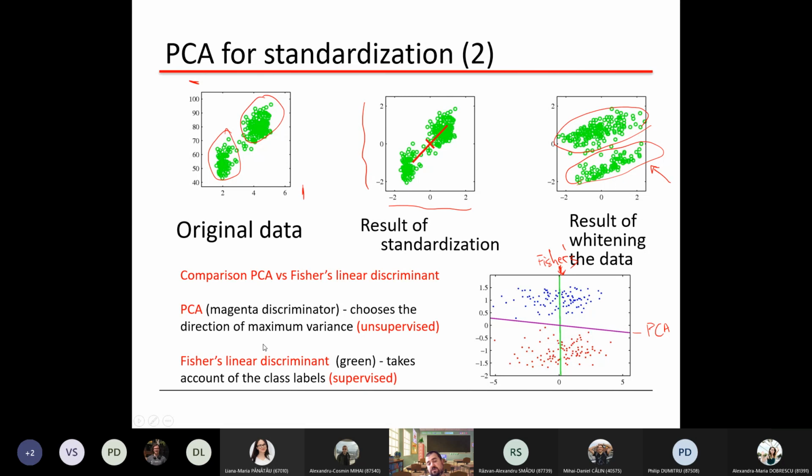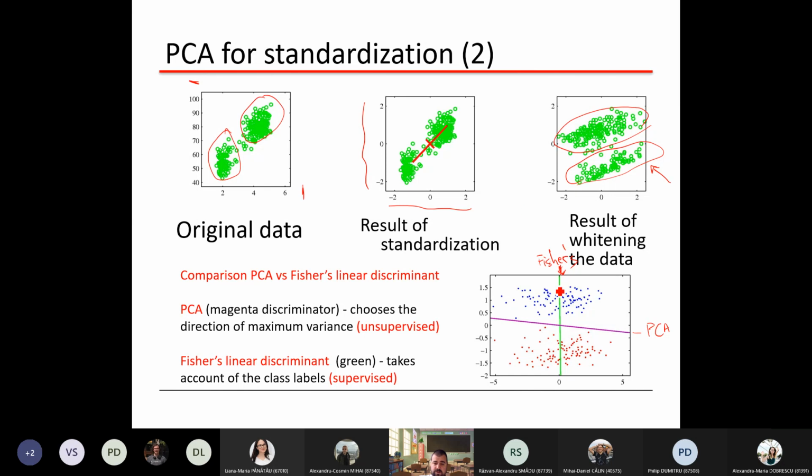So it chooses a direction that will spread out the data set as large as possible, while Fisher takes into account the class labels, which is supervised, and draws the classifier like this.